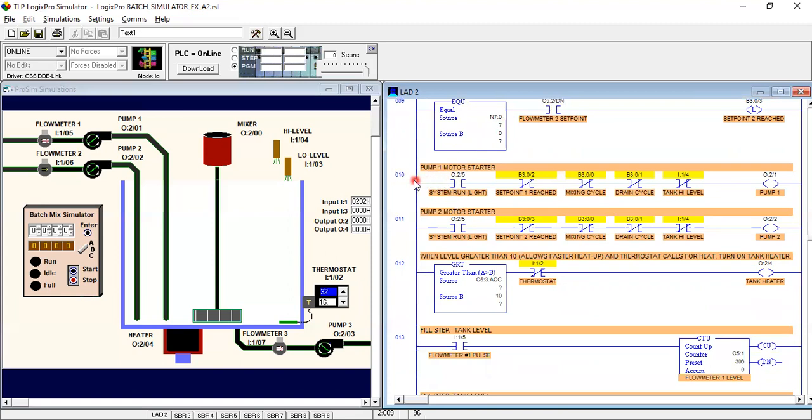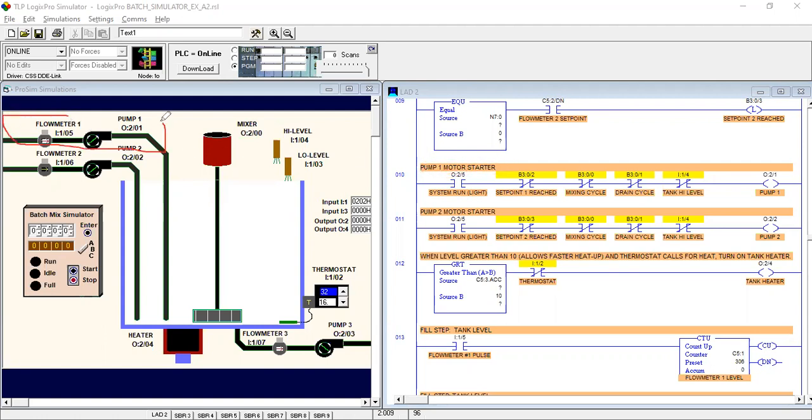And this is our 10th rung. We have to connect the controlling part. In that controlling part, we connect the system run light instruction and the address for pump 1 motor start.